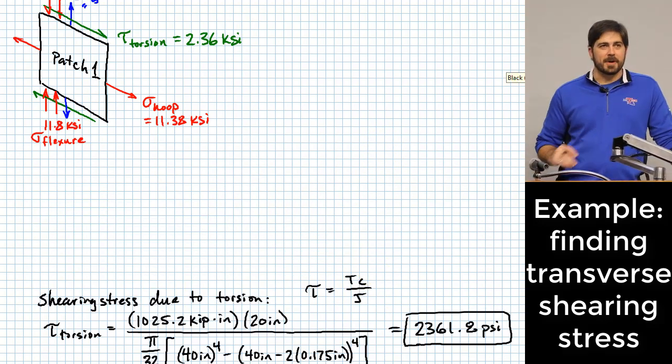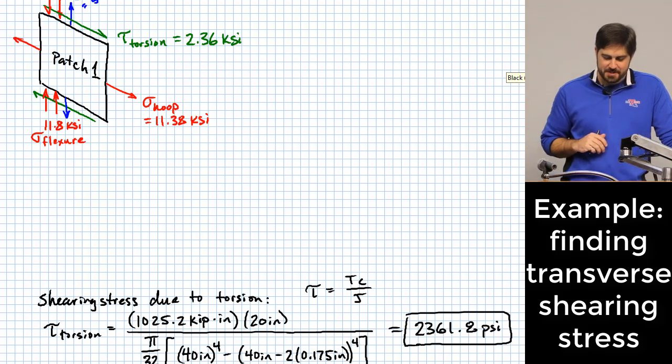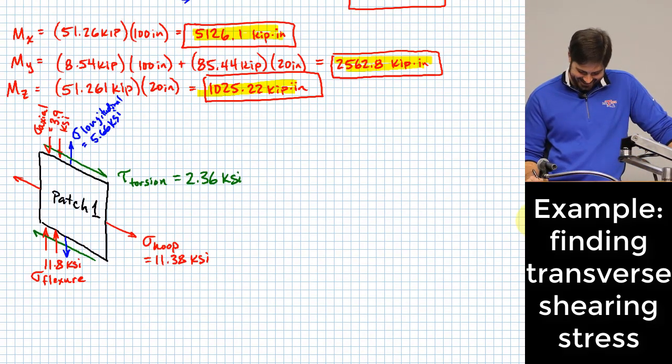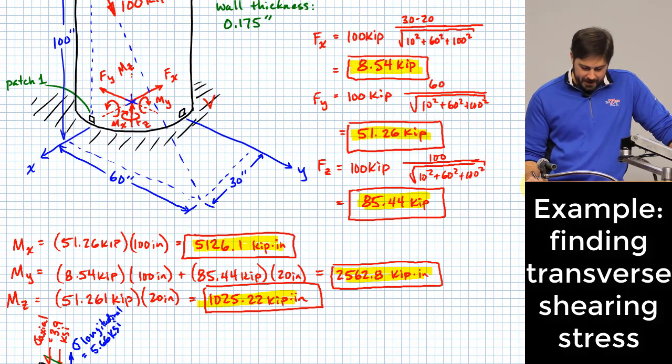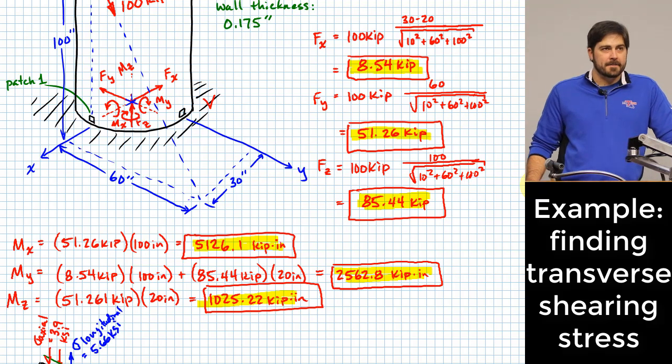So now, we saved the best for last, right? Transverse shear. Easiest to visualize. Easiest to visualize? Okay. It really isn't bad. So the way you can think about this is look at the direction of Fy. Think about Fy being applied to the bottom side of the patch. That's where the tank is being supported, on the bottom side.